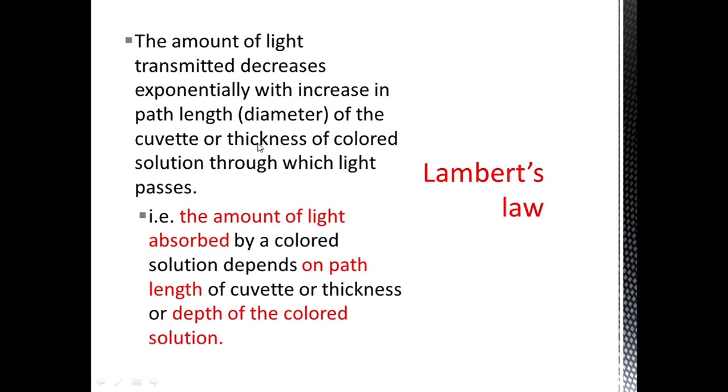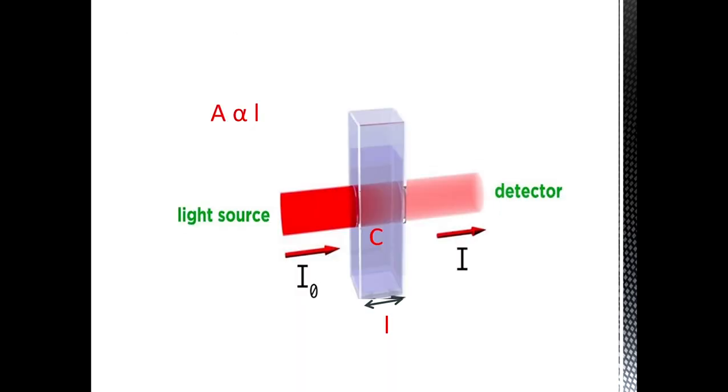Lambert's law states that the amount of light transmitted decreases exponentially with increase in path length or diameter of the cuvette or thickness of the colored solution through which light passes. That is, the amount of light absorbed by a colored solution depends on the path length of the cuvette, or thickness or depth of the colored solution.